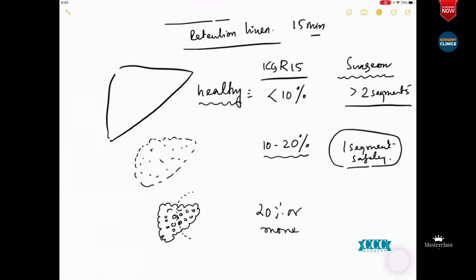Will the amount of liver that is retained be able to take the brunt of the resection? Is the volume of the liver adequate in the post-operative period? Have I made you understand up till this? So more than 20%, if you take out 1 segment, this is the maximum that I can allow you.